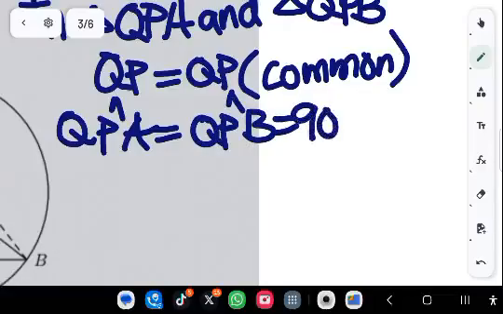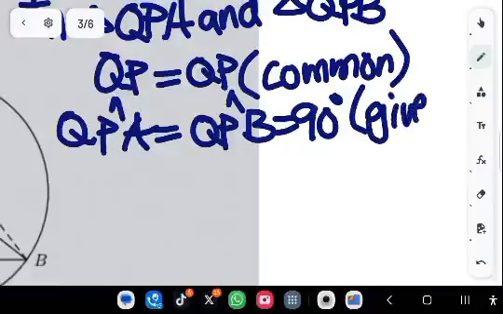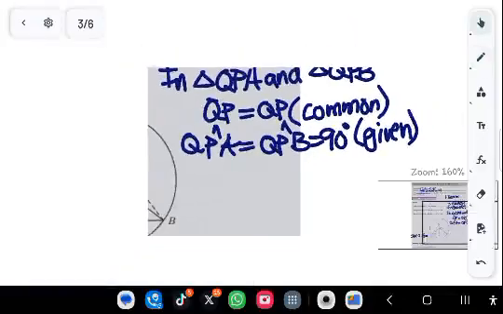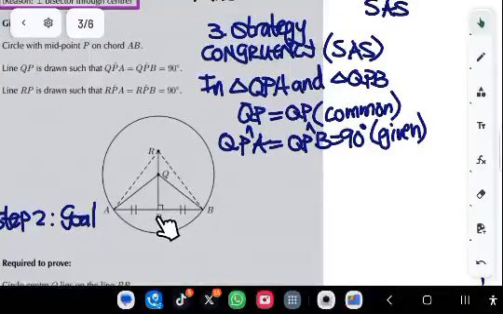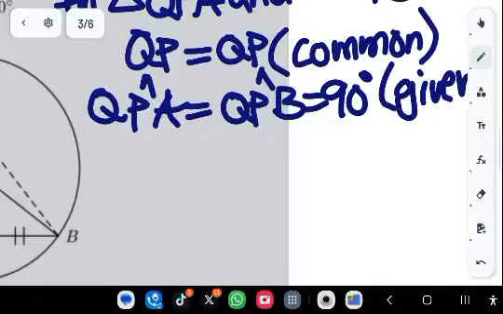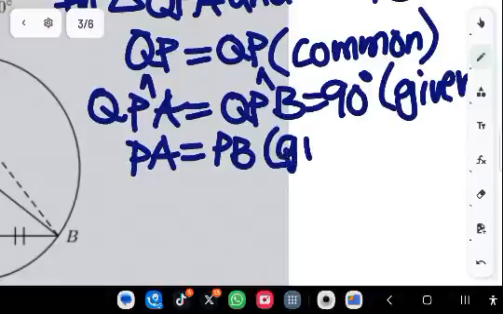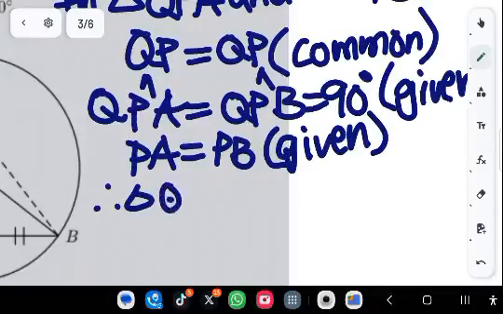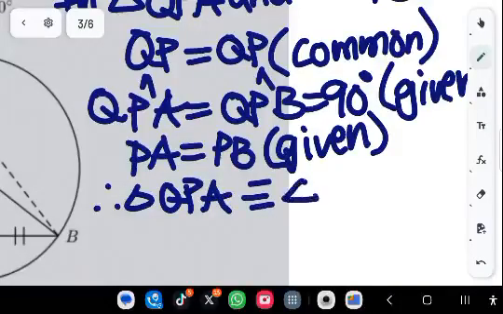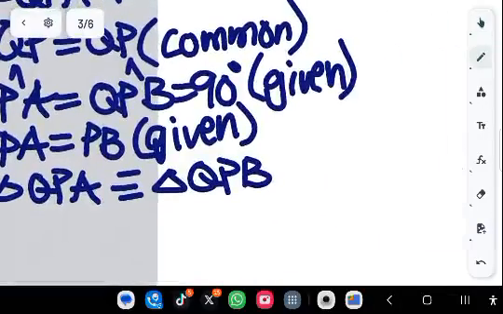Then lastly, the sides. PA equals PB, that is also given. Therefore, the two triangles are congruent. Therefore, triangle QPA is congruent to triangle QPB, and the reason is side angle side.